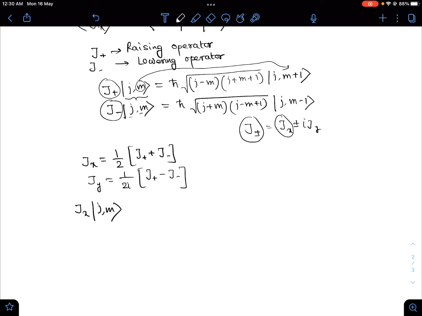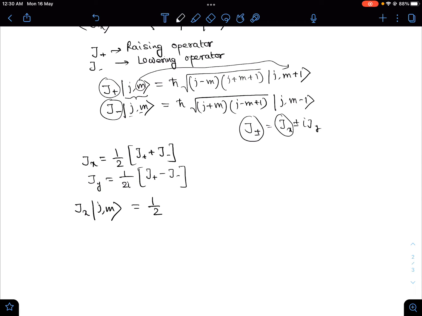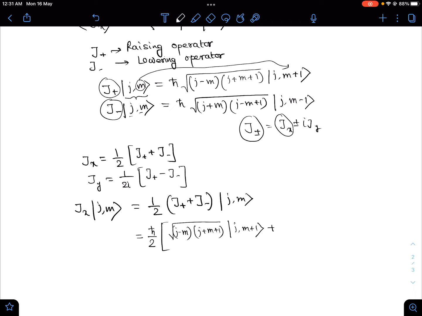J plus acting on |jm⟩ gives ħ/2 root of (j minus m)(j plus m plus 1) |j, m+1⟩, and the second term gives root of (j plus m)(j minus m plus 1) |j, m−1⟩.